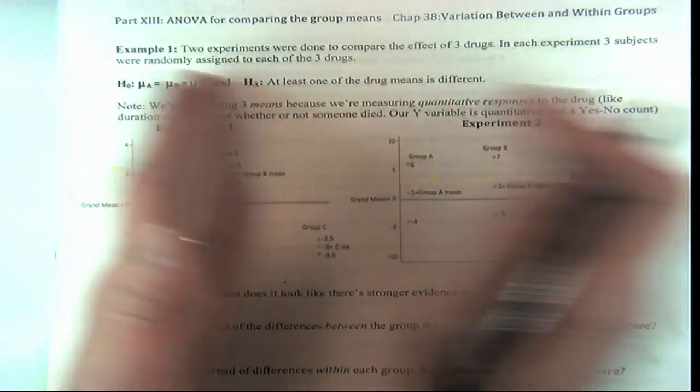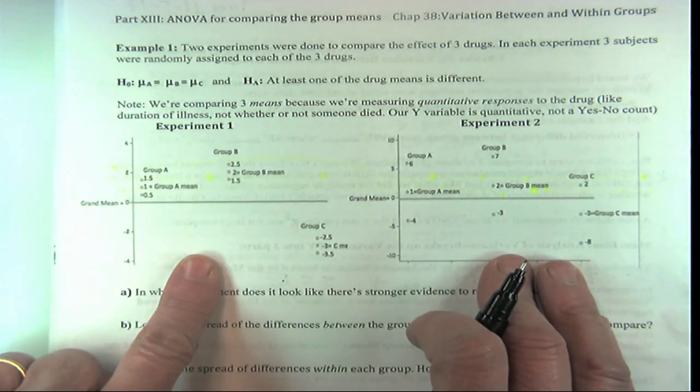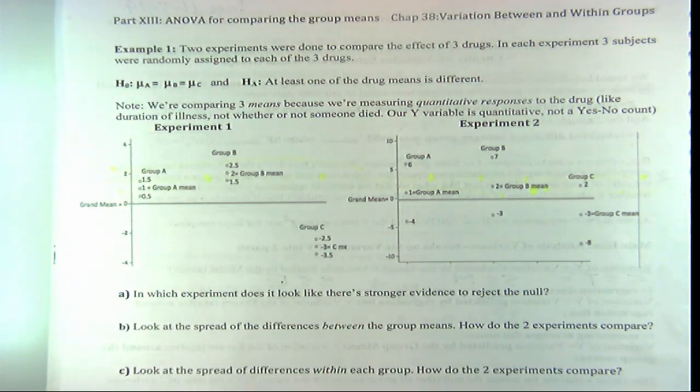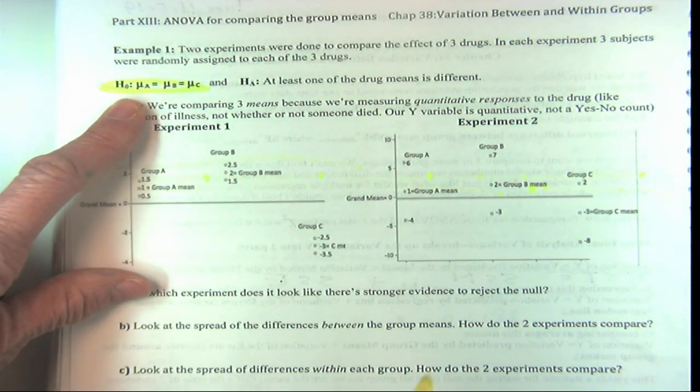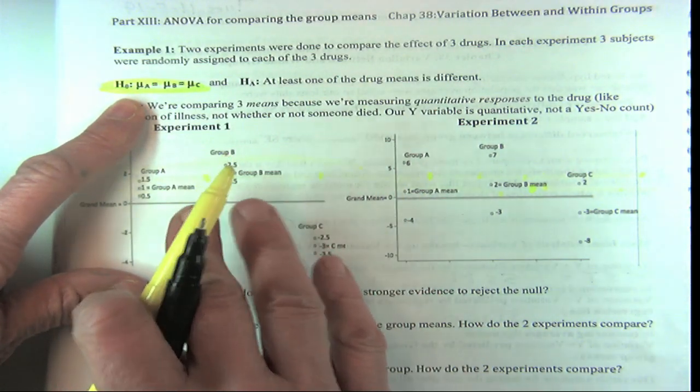But they look different. Okay, now the null, what's the null saying? It says that in the population, this is just our sample, remember?